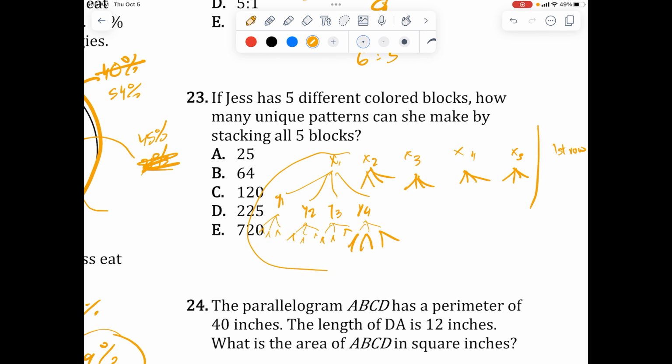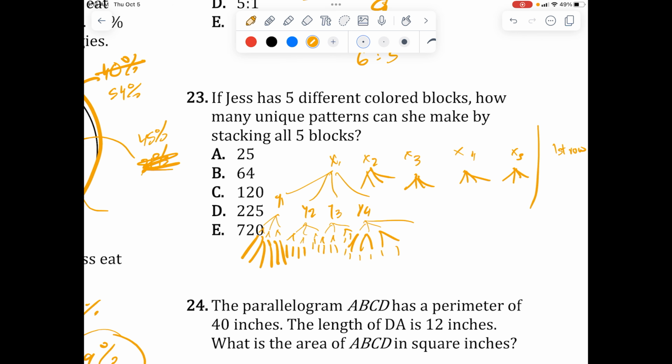So if you just look at the x1, how many do you end up with here? You have, this is a combination. Then you have this as a combination, right? That's very messy, but the combination that ends here is 1, 2, 3, 4, 5, 6, 7, 8, 9, 10, 11, 12, 13, 14, 15, 16, 17, 18, 19, 20, 21, 22, 23, 24. I think there's supposed to be 25. I probably just missed one.